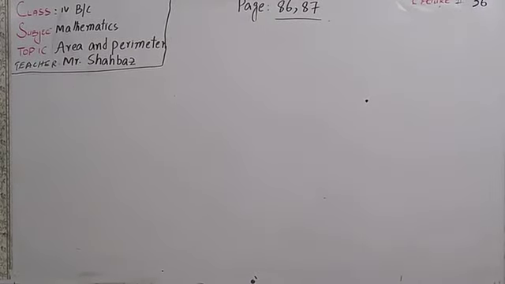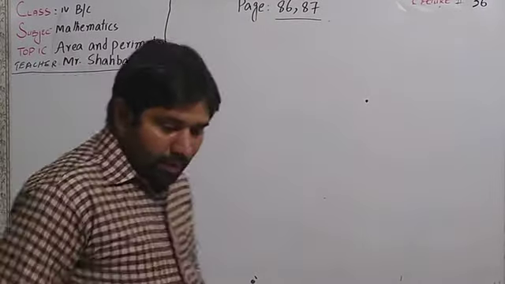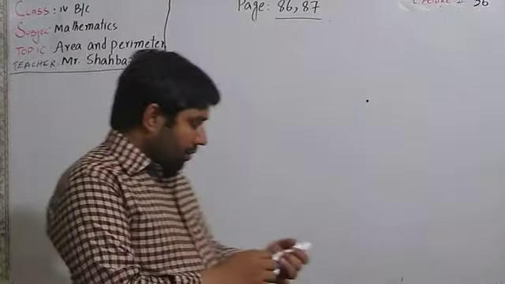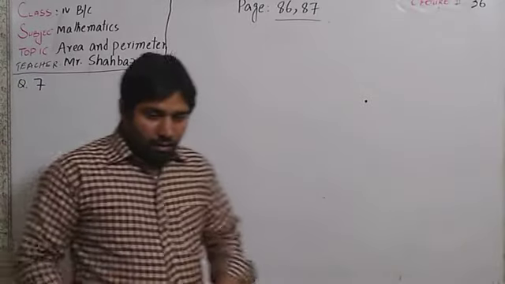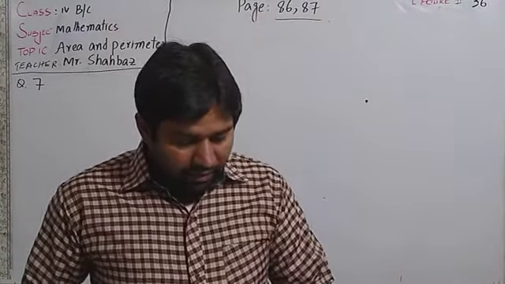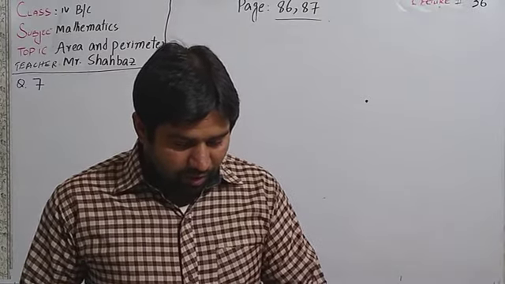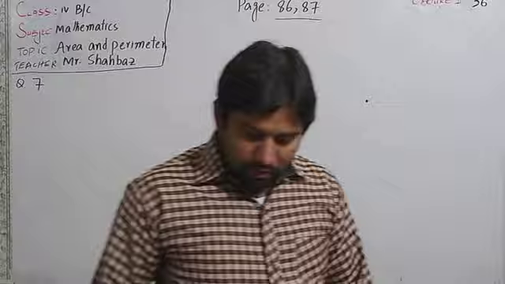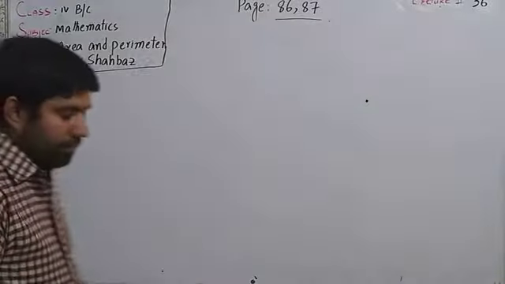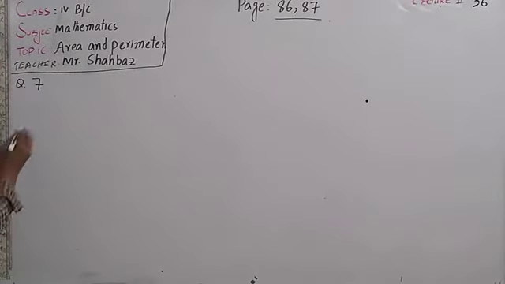Again, read question number 7 carefully. A rectangle is 15 centimeter long. Long means its length. Length is equal to 15 centimeter. This is part A.